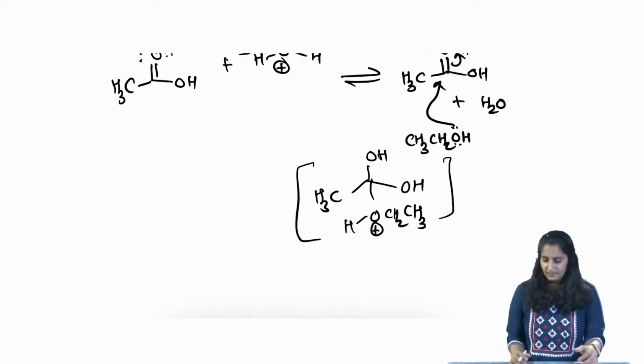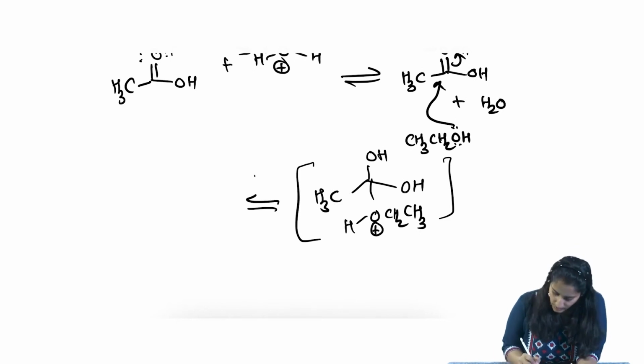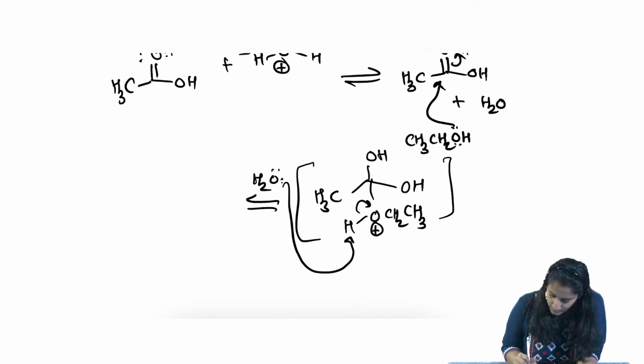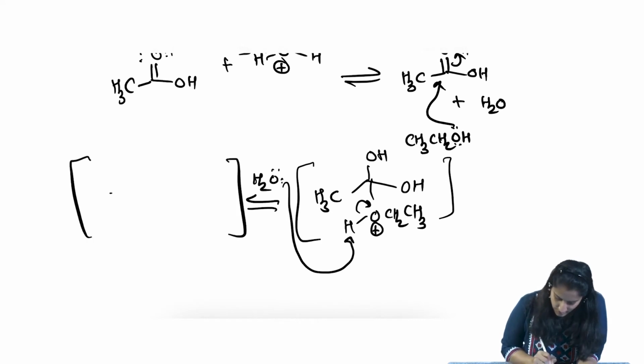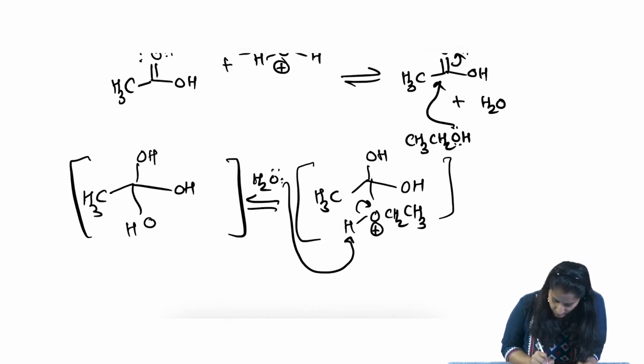This is my intermediate. It is going to lose the proton because we have water here in the solution. This is the real intermediate, which is neutral. So, OH, OH, CH3.